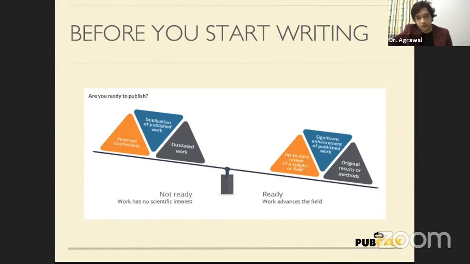Okay. So there are 2 things. Once you have made your paper, you may find it's not ready, that the work has no scientific interest, right? Although you've completed your research, you may find out that it's outdated work, or multiple duplications of this particular work have already been published, or there are incorrect conclusions just because of the errors we spoke about yesterday.